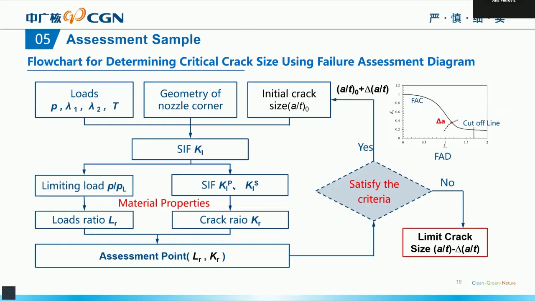First, we collect the loads and the geometry of the nozzle corner and the initial crack size by NDT or by some standard or rules. We will calculate the SIF and the limit load, load ratio, crack ratio, and assessment point.